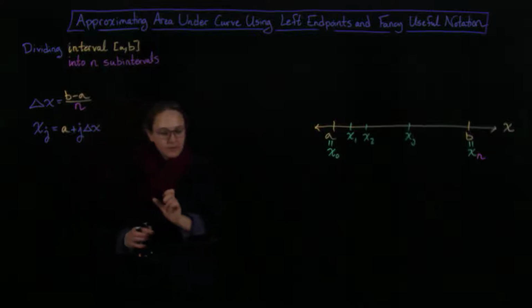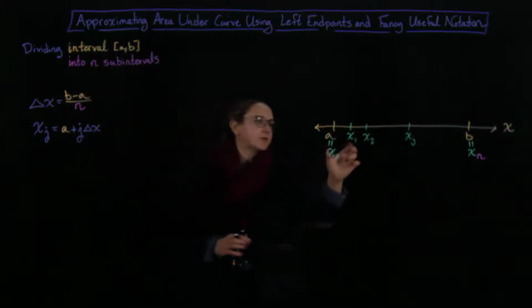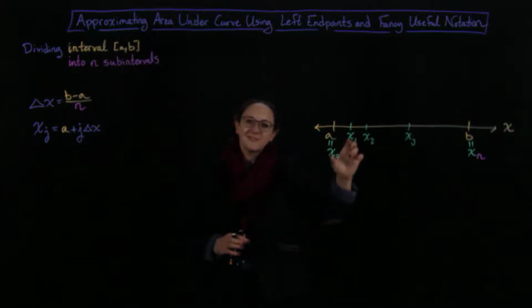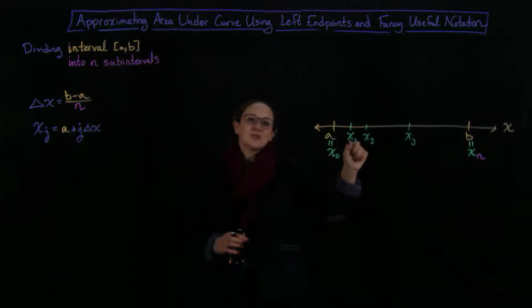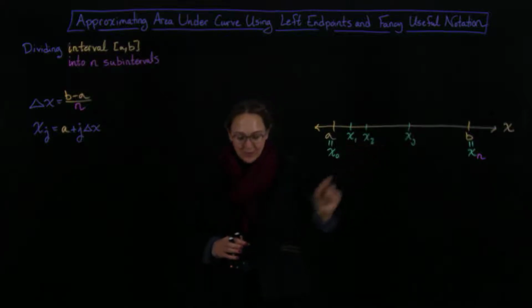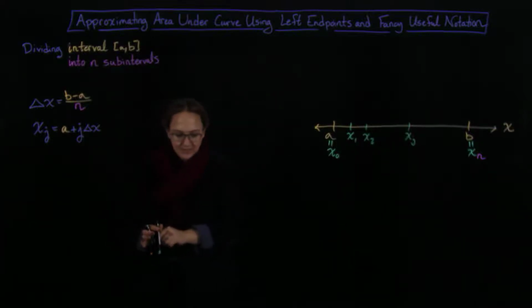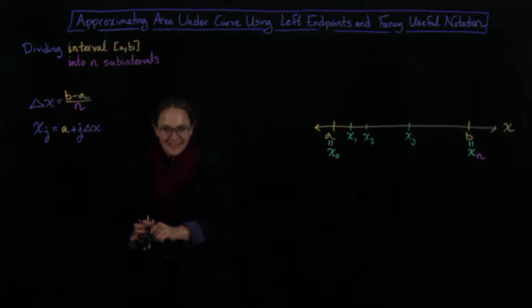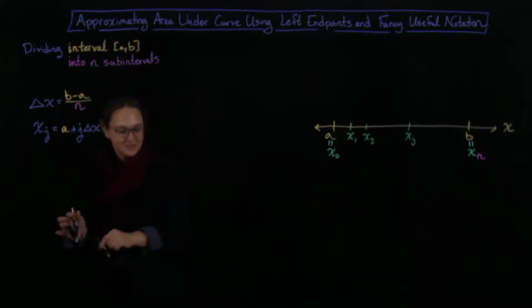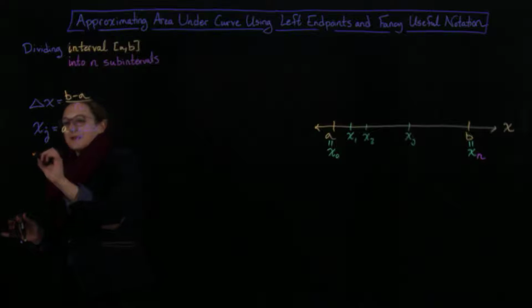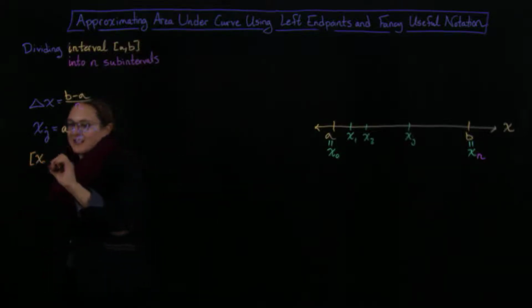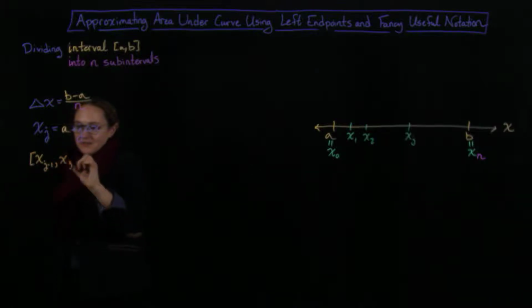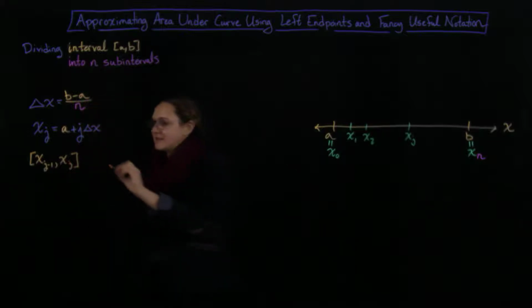Okay, so we figured out this much. If I want to know the jth interval, the first interval starts at 0 and goes to 1. The second interval starts at 1 and goes to 2, and so on. So I'm going to write down the funny notation for this: x(j minus 1) to xj is the jth interval.